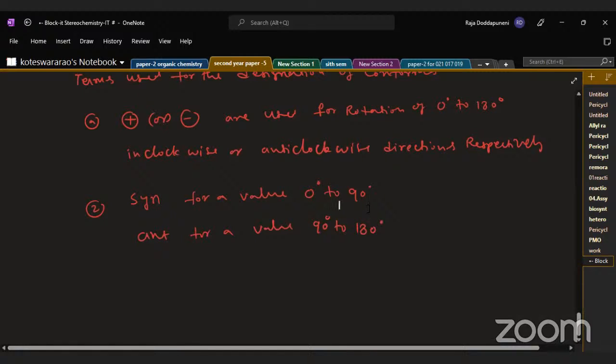It may be clockwise or anti-clockwise, in both directions, right? Next.